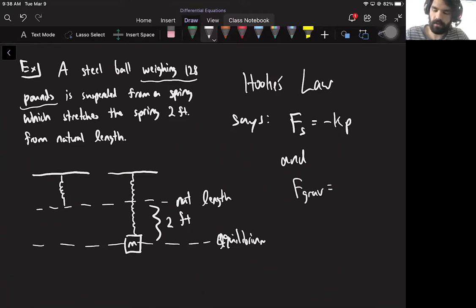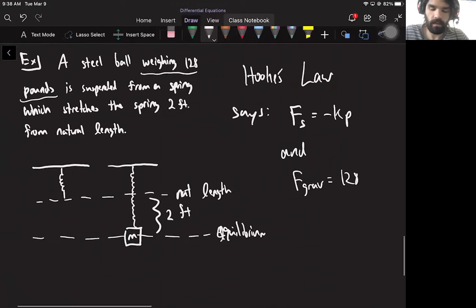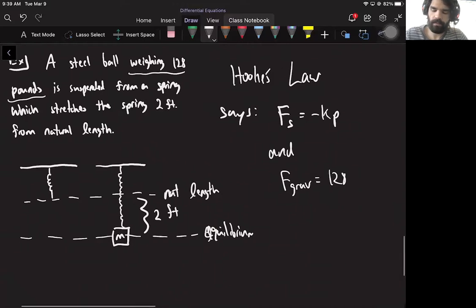So the force due to gravity is 128, because pounds is already in units of force, not in units of mass, a common mistake. So there's 128 pounds of force pulling it down, and that corresponds to x equals 2.